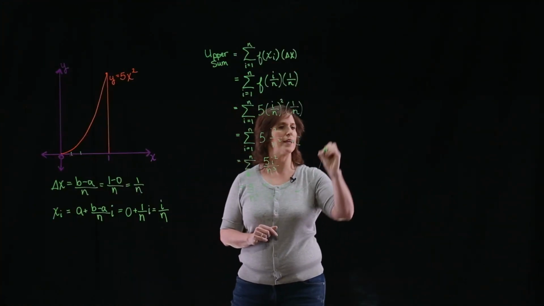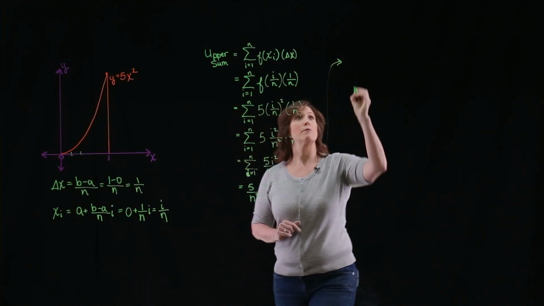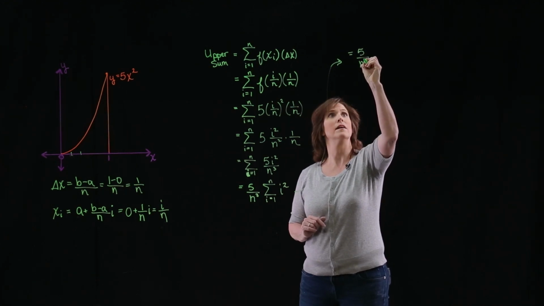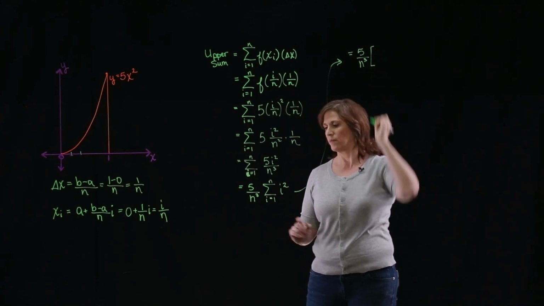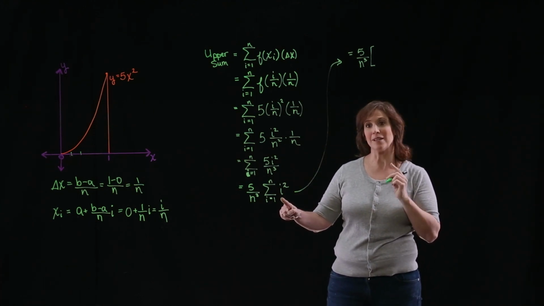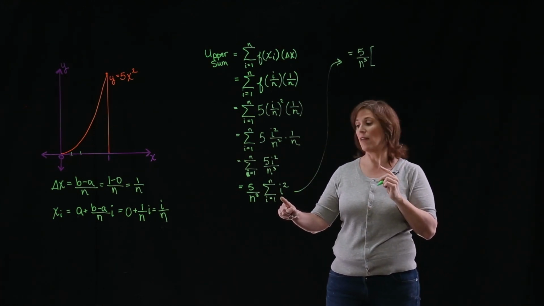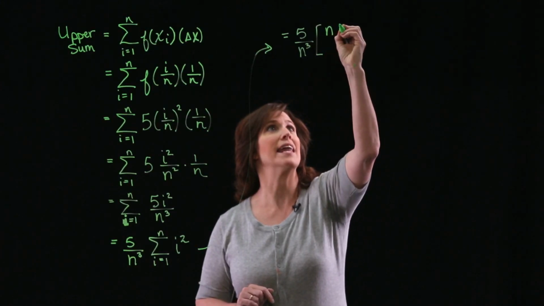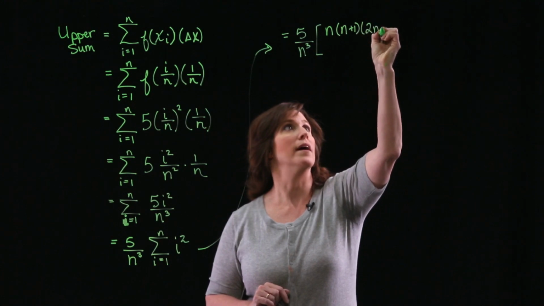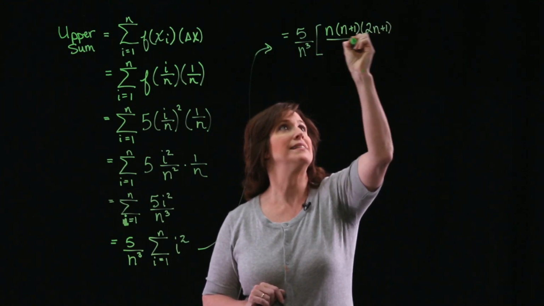Now we have a formula for this. I'm going to move this up over here, and I'm going to say that I have 5 over n cubed times, if you think about it, 1 plus 4 plus 9 plus 16. And the formula for that is you can take n times n plus 1 times 2n plus 1 and divide it by 6.